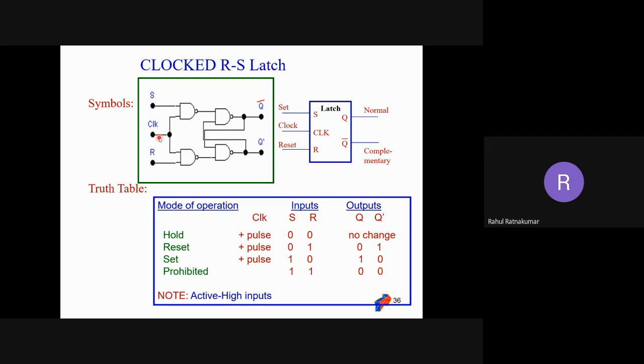When S is 0 and R is 1, Q bar is 1, that means it is reset. When S is 1, it is set: Q is 1, Q bar is 0. And S and R both 1 is prohibited because it is a race condition, and I cannot predict what my output is in this situation.